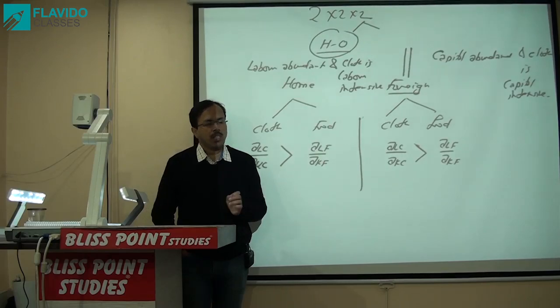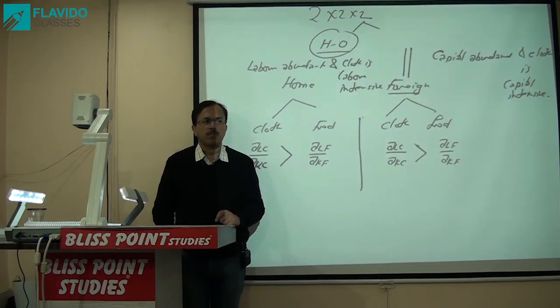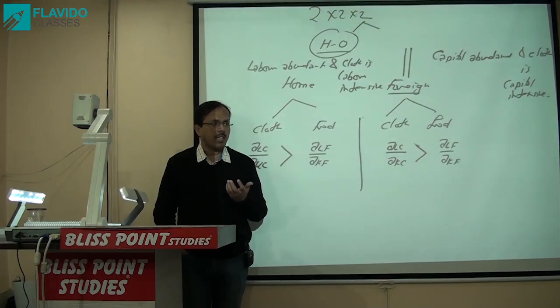So is it refuting the HO model? US was exporter of labor intensive good, but which labor? Skilled labor, scientific manpower. So based upon skilled labor and scientific manpower, the ranking of US will be still high.